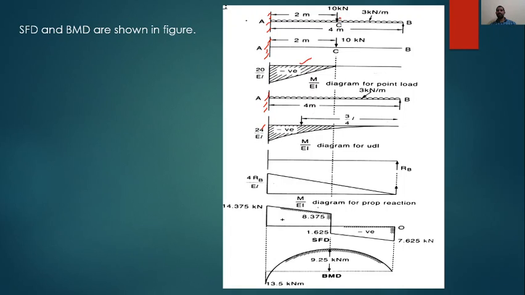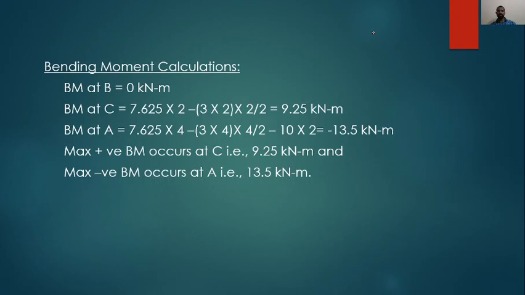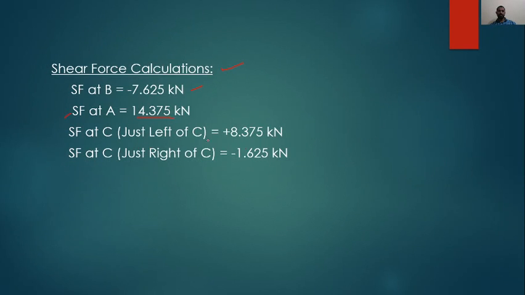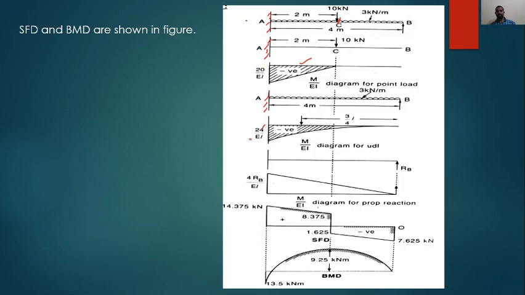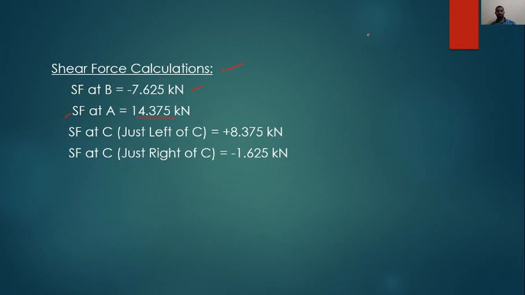Shear force at this point, just right of C, is prop reaction minus 3 into 2, that is 7.625 minus 3 into 2, which gives 1.625.